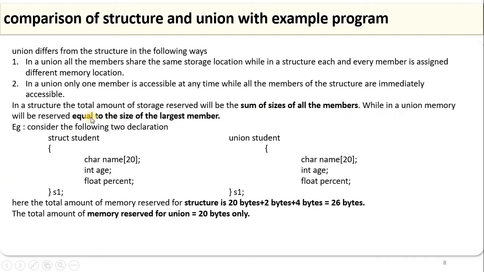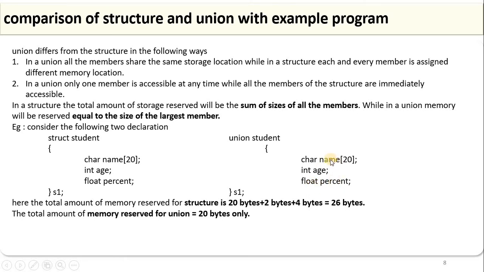While in the union, the memory reserved is only equal to the size of the largest member. Here, in union student, out of name, age, and percentage, name takes 20 bytes, age takes 2 bytes, and float takes 4 bytes.